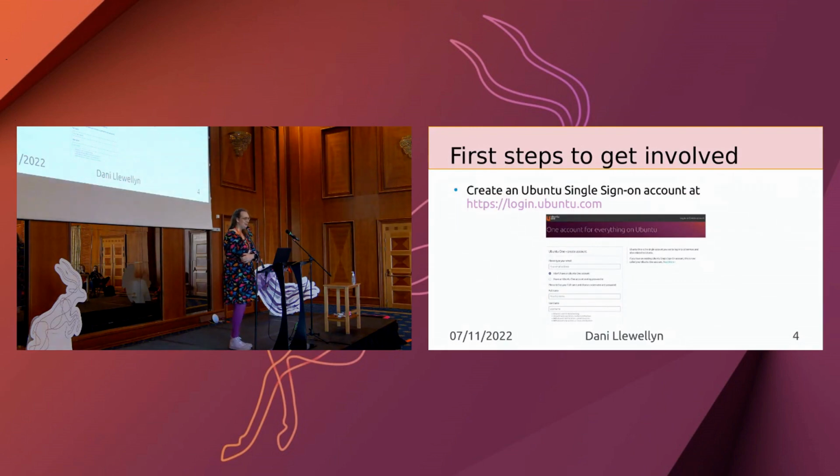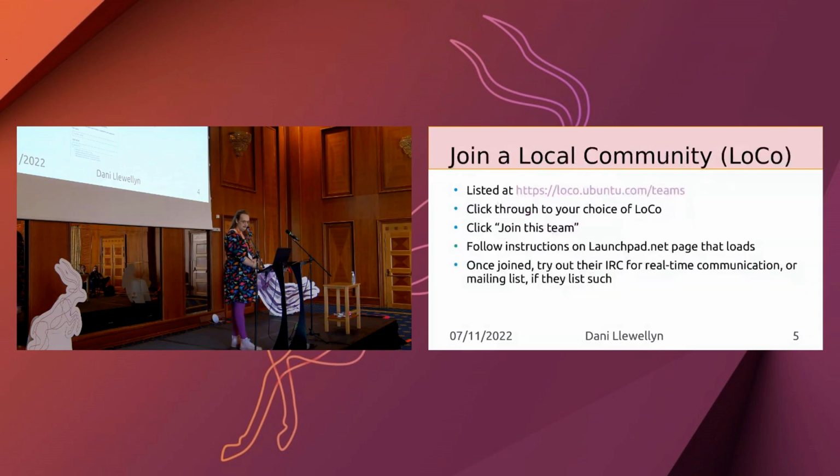So to get started in the community, you will really need an Ubuntu sign-on account, the login.ubuntu.com. Once you've done that, I really recommend joining your local community, or locos as we call them. I've got some instructions up there to help you through.